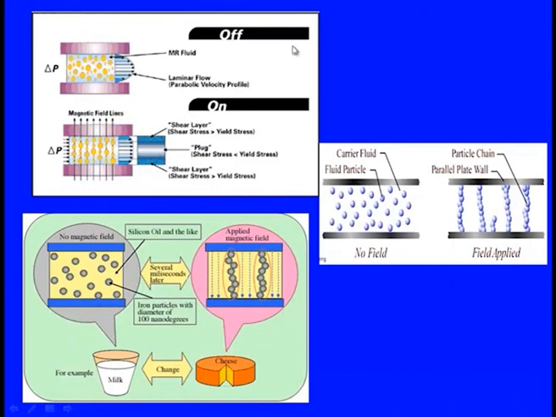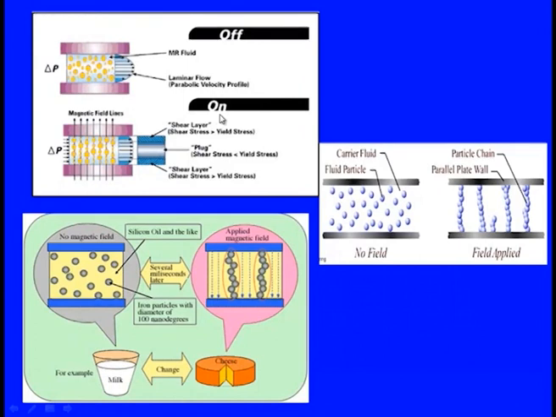Or we can see it another way, with the change of pressure. When it is off, this MR fluid has laminar flow, with a clear parabolic velocity profile.